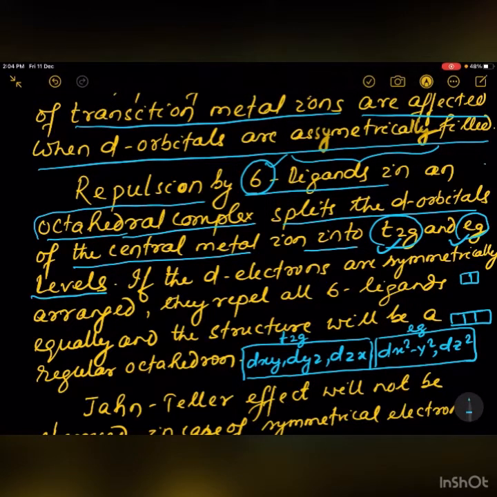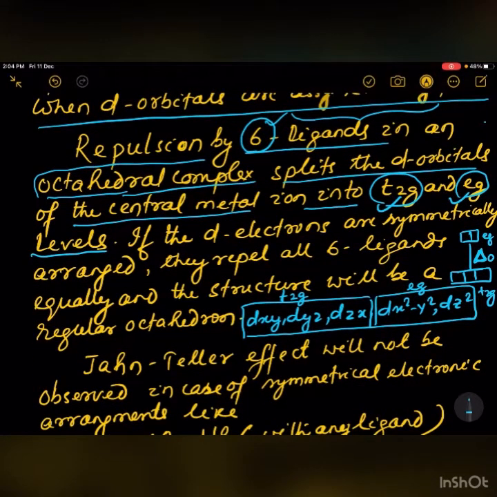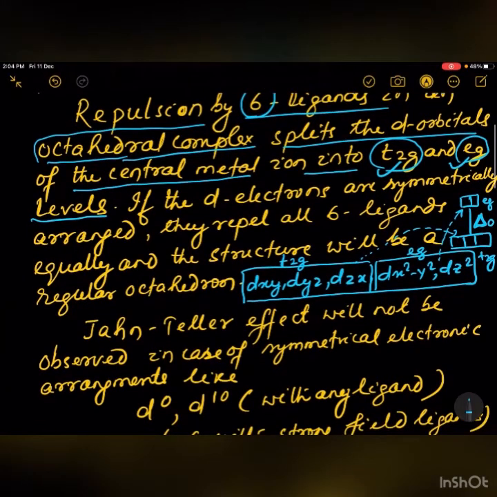and the splitting between t2g and eg is known as delta O. This is the octahedral splitting between t2g and eg. This is t2g and this one is eg. Jahn-Teller effect will not be observed in case of symmetrical electronic arrangement.